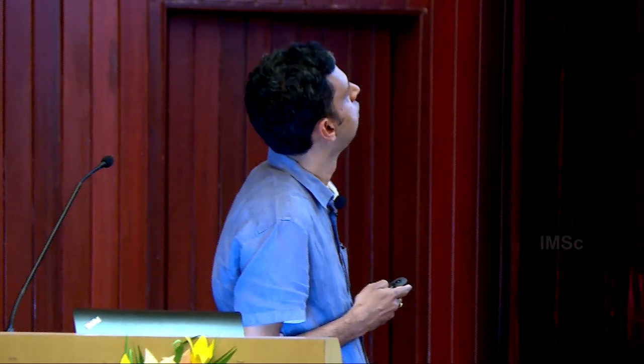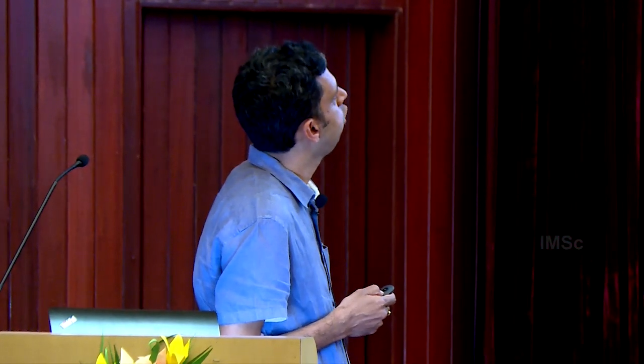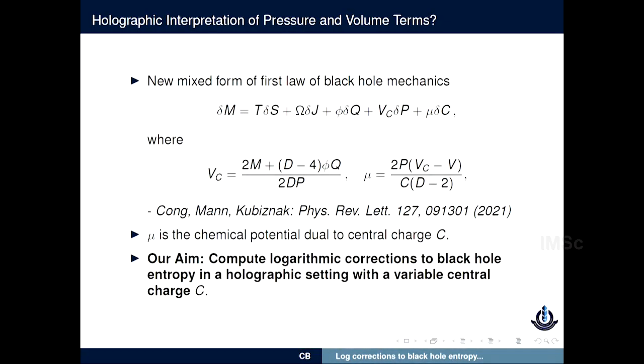The volume you see here is not the same as the thermodynamic volume which you saw earlier. The variations of Newton's constant essentially have gone into redefining the volume and getting a new term. So in that sense, the dual has not been discussed. That's a very nice question actually.